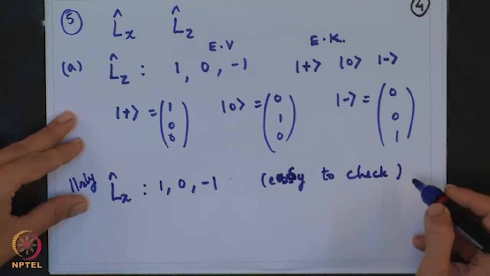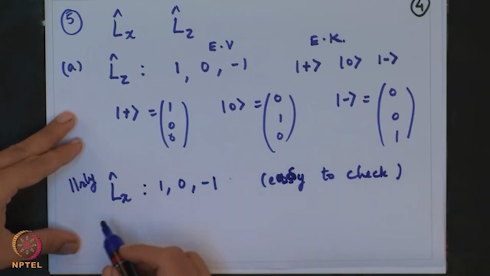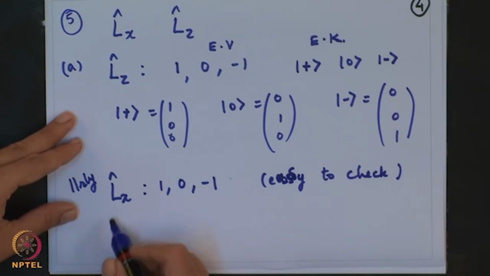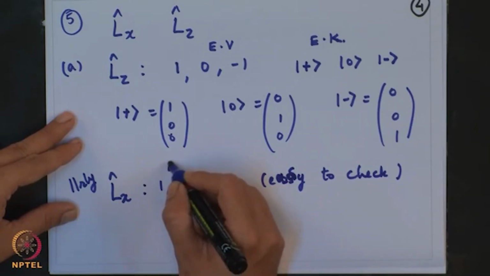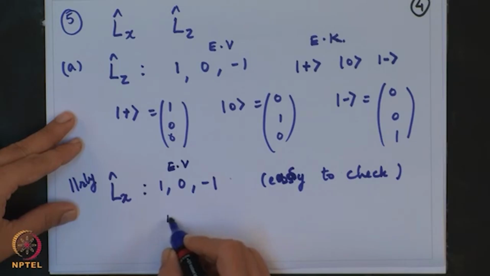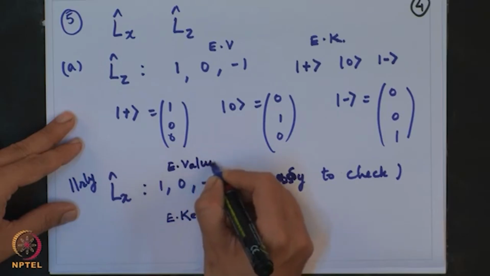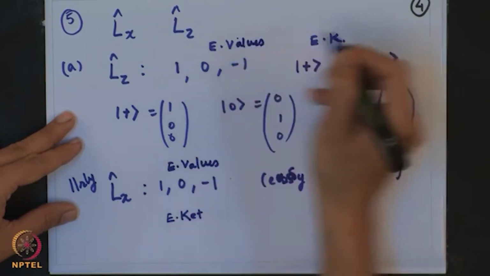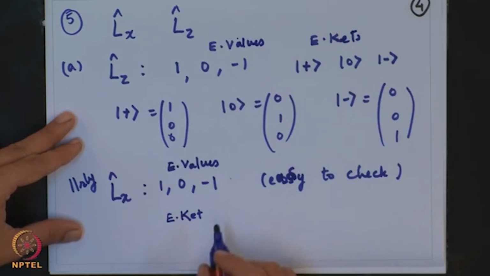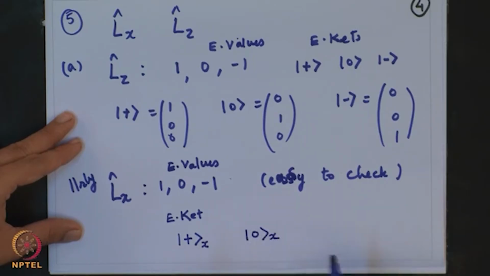Let me call these the eigenvalues, and the eigenvectors or eigenkets, so that there is no confusion, I denote by ket plus with a subscript x, ket 0 with a subscript x and ket minus with a subscript x.